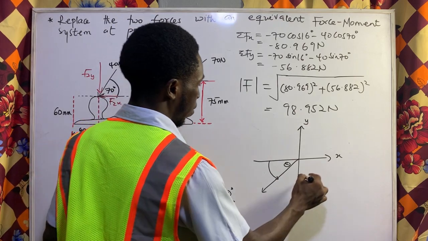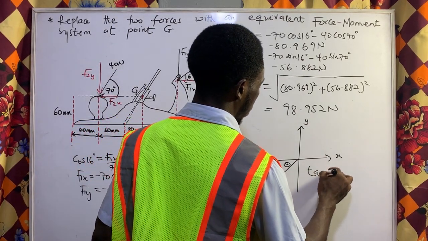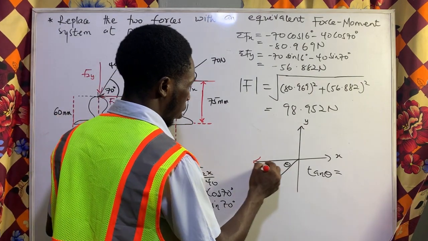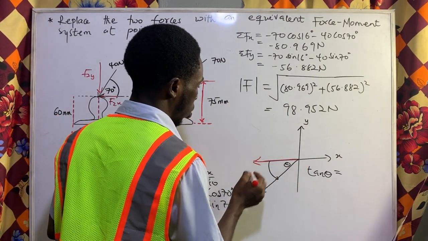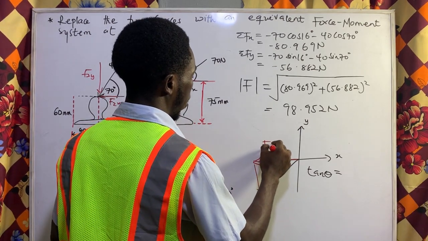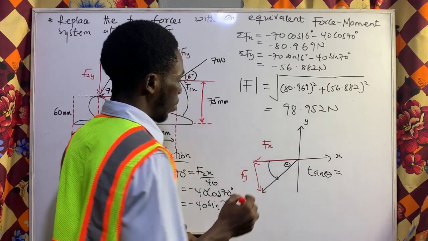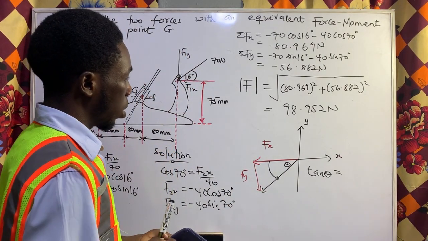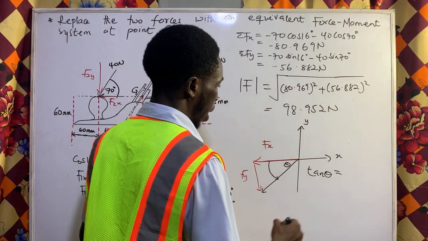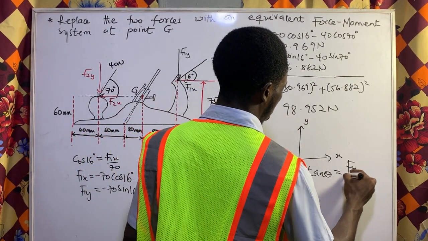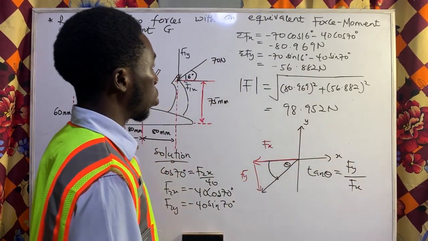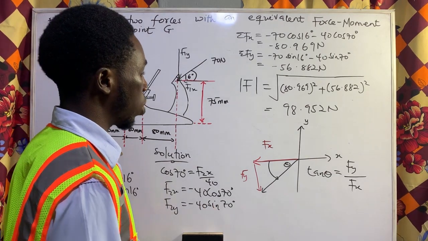So this should be the x component, Fx, and this should be the y component, Fy. Now, tan of theta equals the opposite side, Fy, over the adjacent, Fx. They are both negative, so the negative signs cancel out.